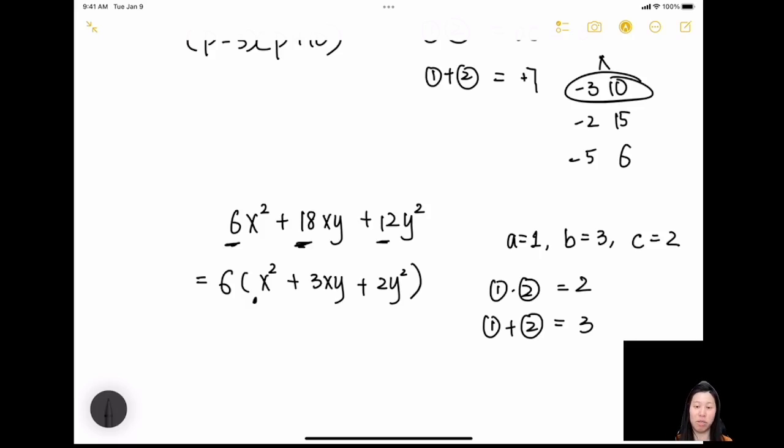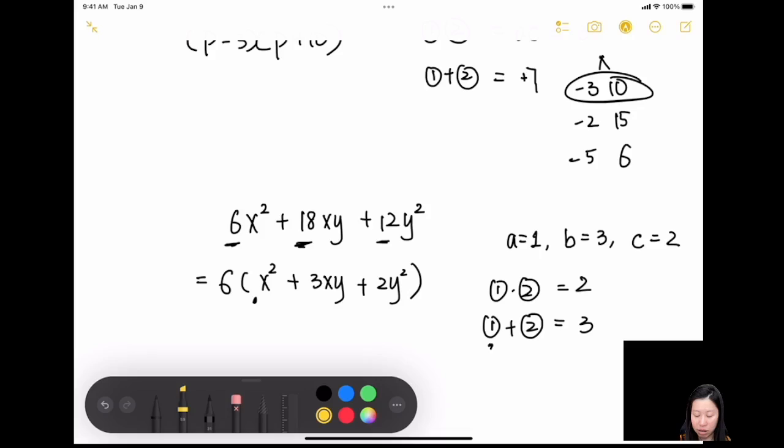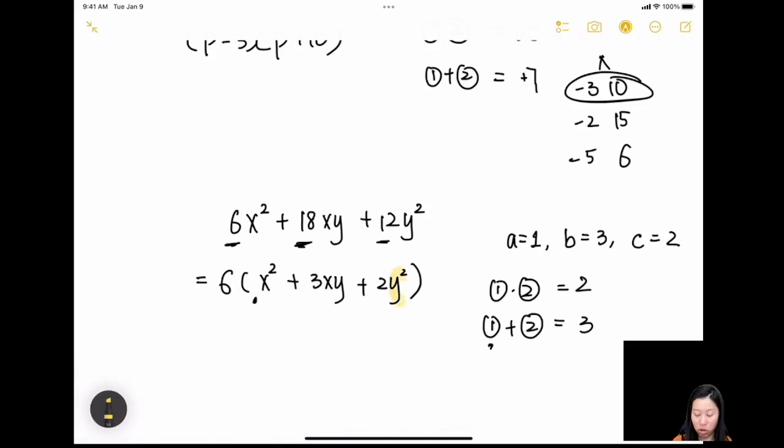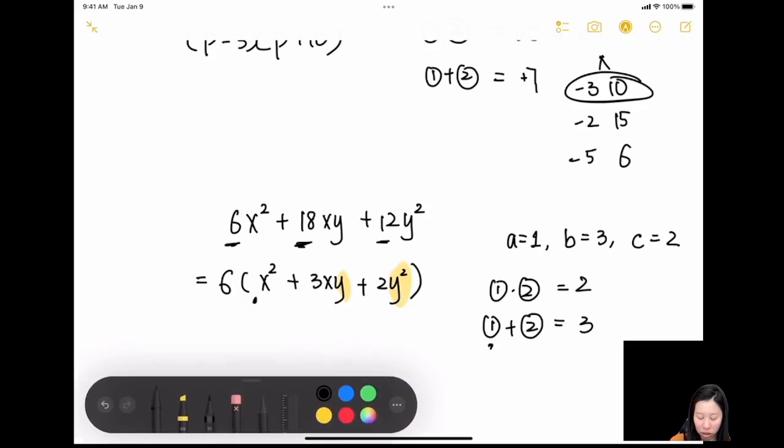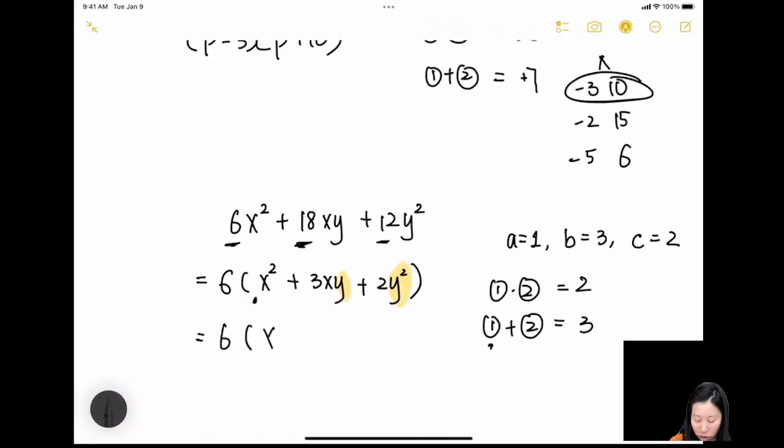It has to be 1 and 2, because 1 times 2 equals 2, and 1 plus 2 equals 3. But one thing you need to be careful about: this is not just 2, this is 2y squared. That means when you factor it, it has to come with y. So I have x plus 1y times x plus 2y, because you also need to factor y squared into 2 parts, y and y. So you end up with 1y and 2y, not just 1 and 2.